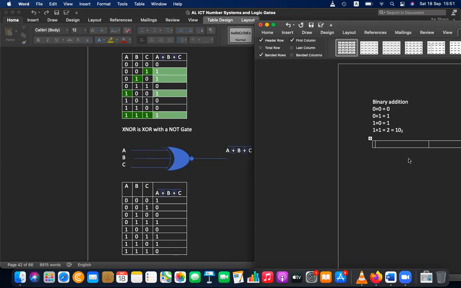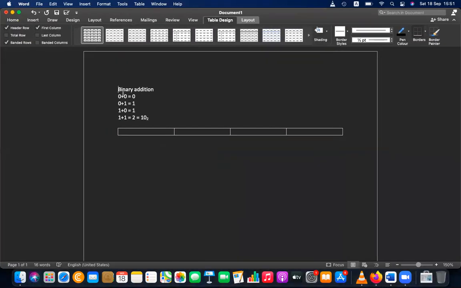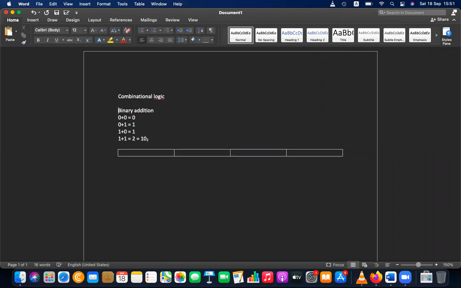So let's move to today's topic. We are going to discuss one more combinational logic gate. What is a combinational logic gate? Creating logic circuits using basic gates.